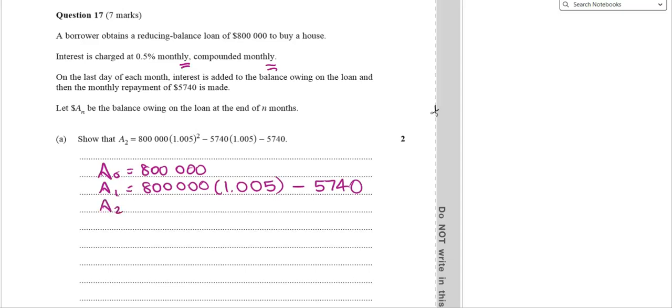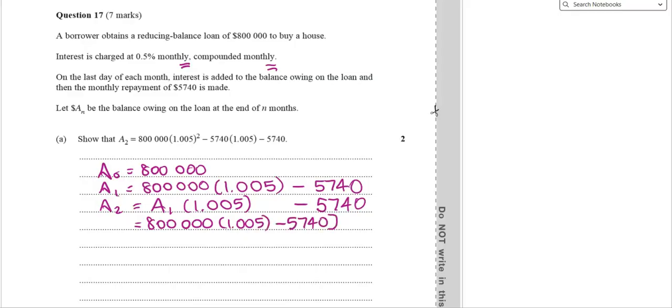Similarly, setting it up in a recursive way, A2 will be the value that it was at A1 multiplied by 1.005, subtract the payment of 5740. But we have an expression for A1, so let's put that in there. So A2 is this expression for A1, and all of that is A1, and then that is multiplied with 1.005, subtract 5740.